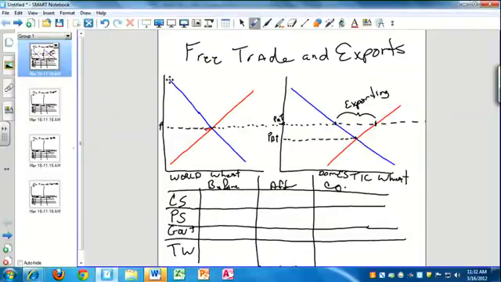Now what you got, let me label this real fast. Oops, did that wrong. Probably should have done that before I drew everything in there.